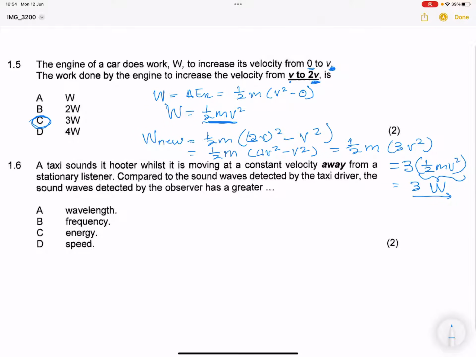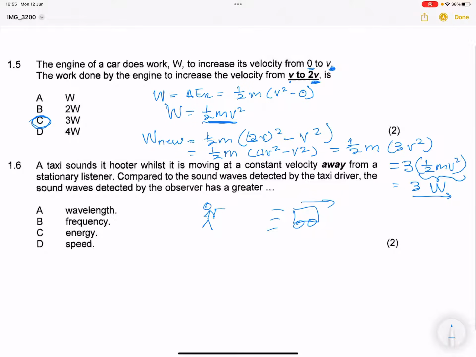All right, so the next question, they say a taxi sounds its hooter whilst it is moving at a constant velocity away. So here's our taxi. Right, it is moving away, so let's say it's going there, moving away from a listener.